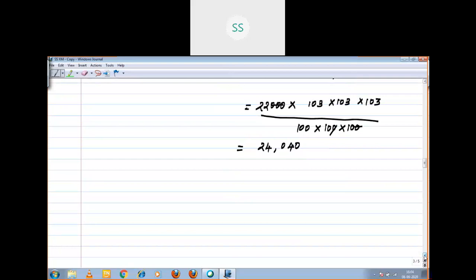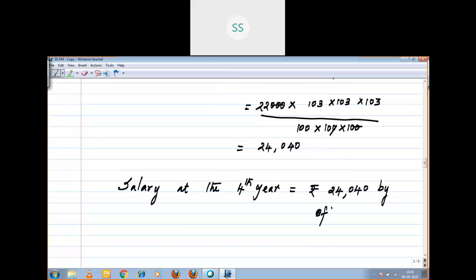Right? Salary at the fourth year equal to rupees 24,040 by offer B. Got it, children?